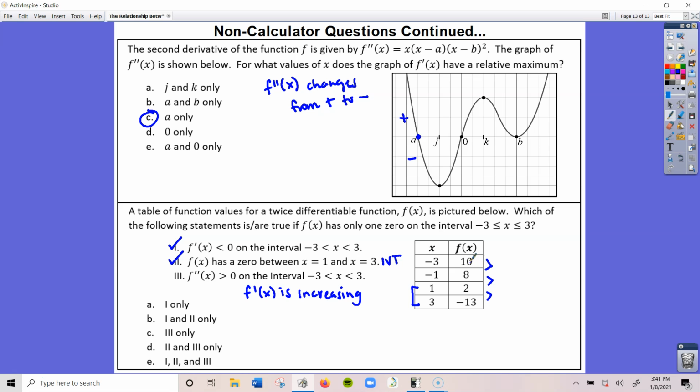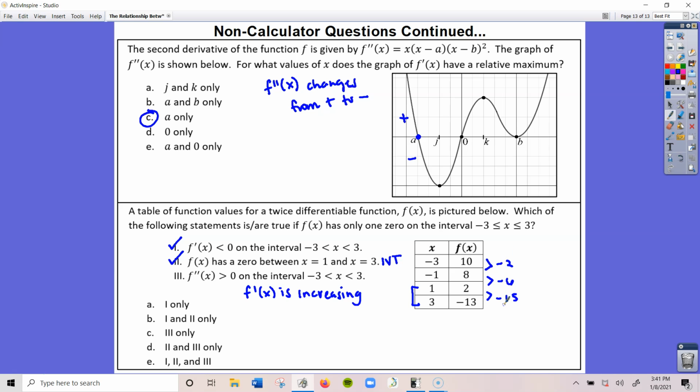So if I just subtract, 10 minus 8 is -2. 8 minus 2 is -6. I'm sorry, I have to go backwards. 8 minus 10, because these are the successive values. 8 minus 10 is -2. 2 minus 8 is -6. And -13 minus 2 is -15.